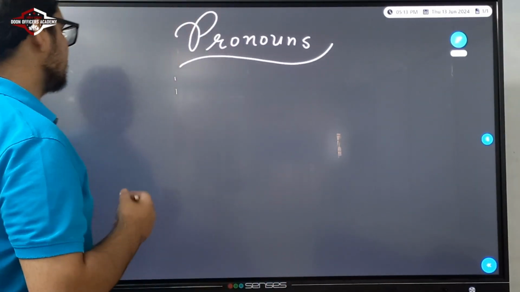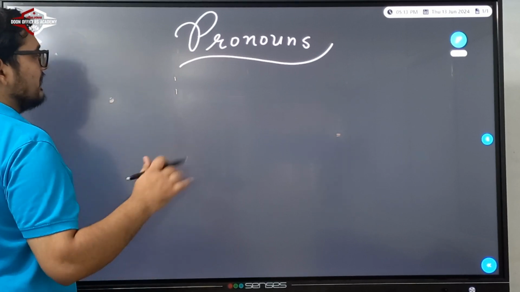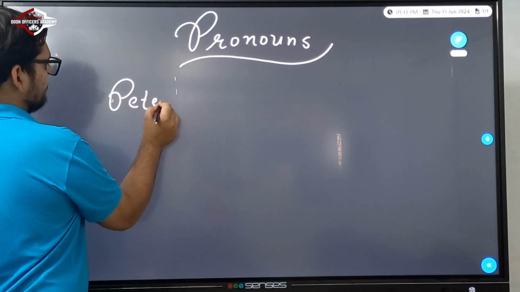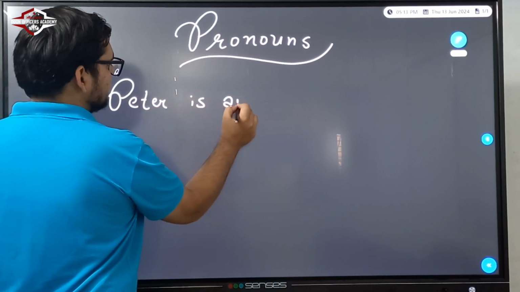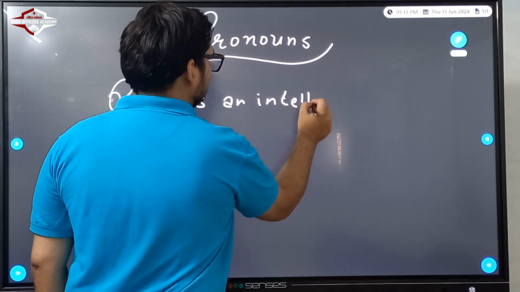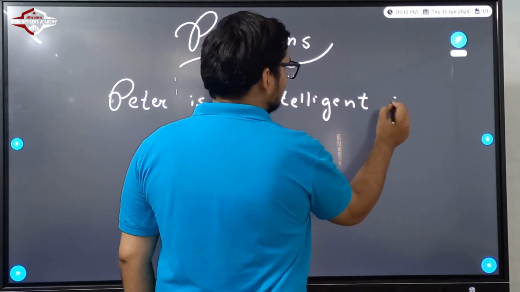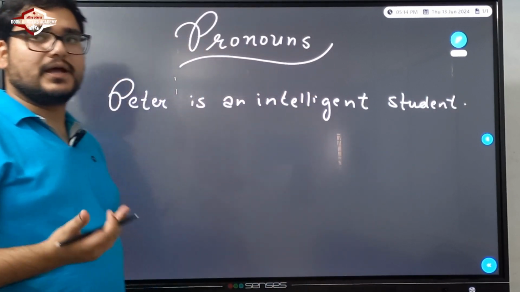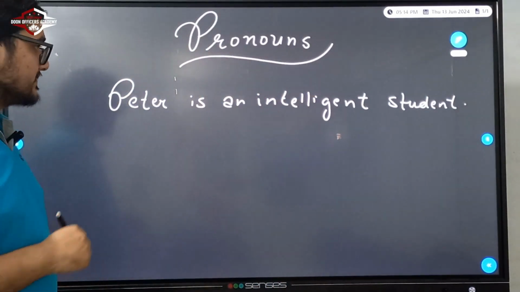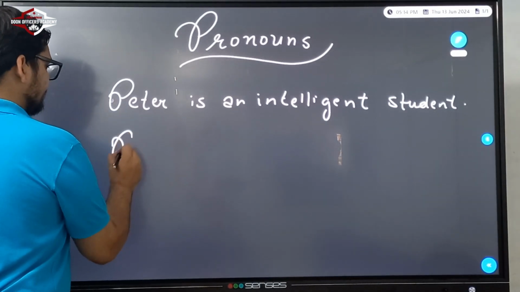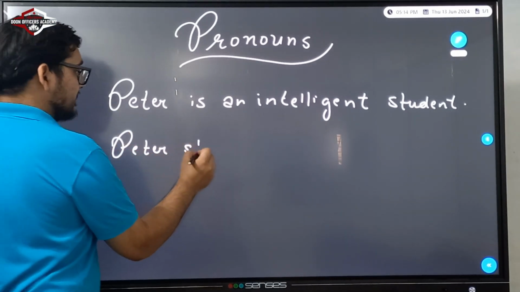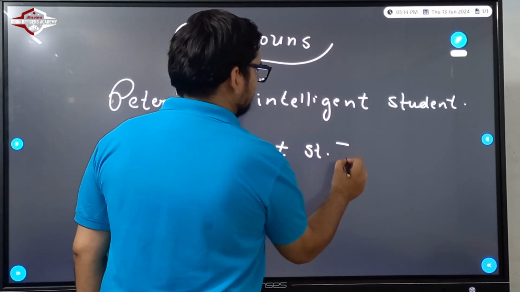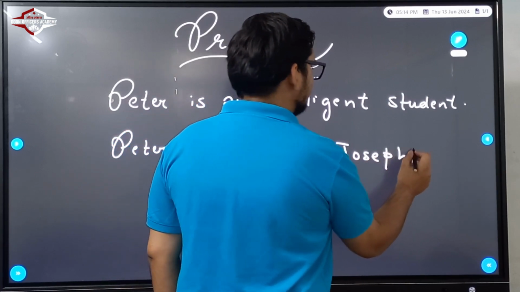I'll be writing a few sentences here. Please look at the board very carefully. So, for example, let's say Peter is an intelligent student. And then I continue to talk about Peter, who Peter is or how Peter is. Then I say that Peter studies at St. Joseph's Academy, or simply St. Joseph's.